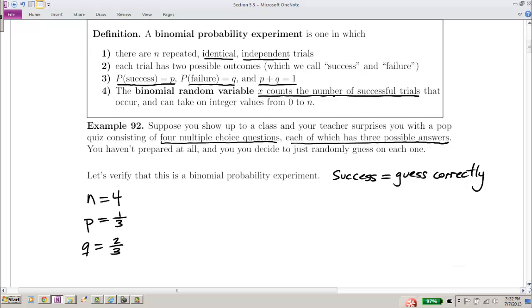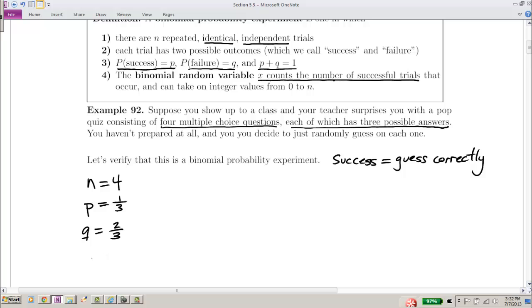And x counts the number of successes. X counts the number of questions that we got correct, and can take on values between 0 and 4, right? I could possibly get them all wrong.